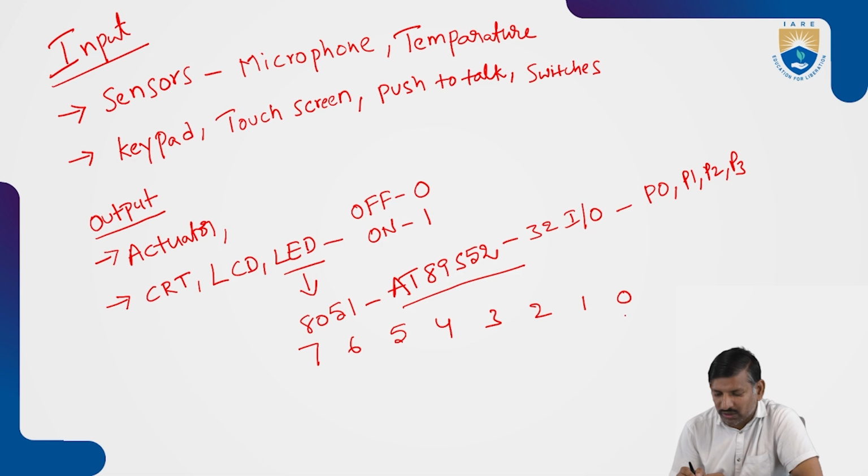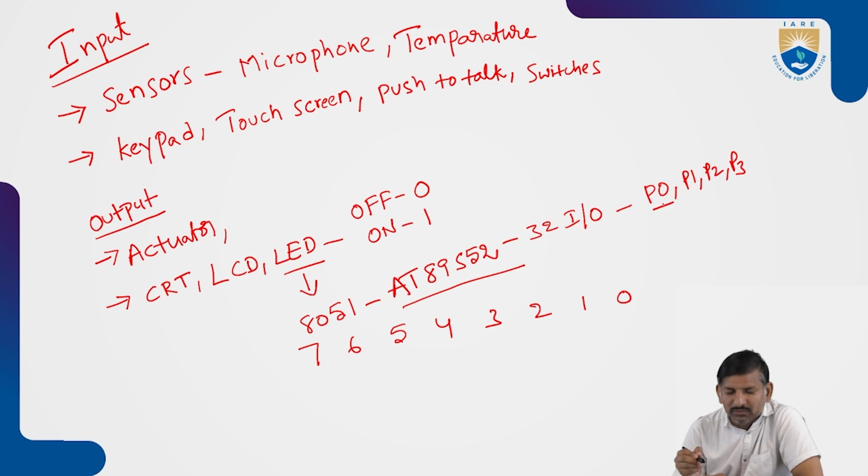Suppose I want to blink only this 0th position LED. LED off means 0, on means 1. So by using this development board, I want to blink this LED with some delay, 250 milliseconds or 10 milliseconds. How we can design that will be discussed now.